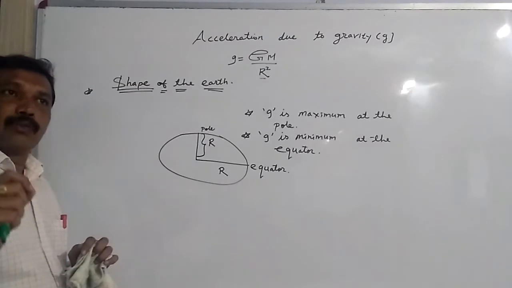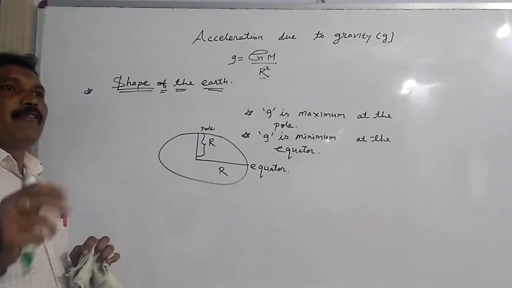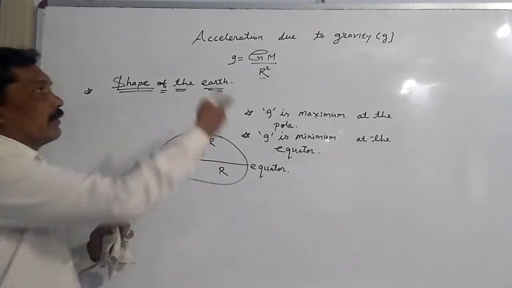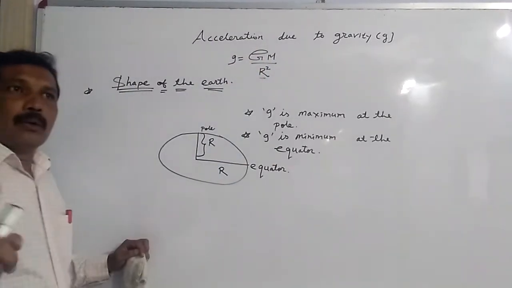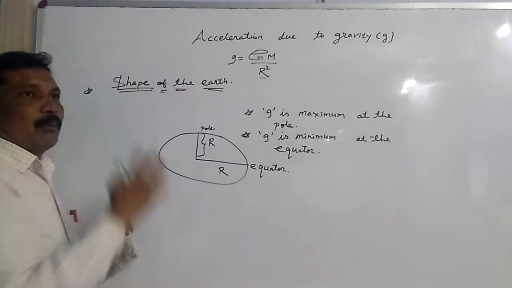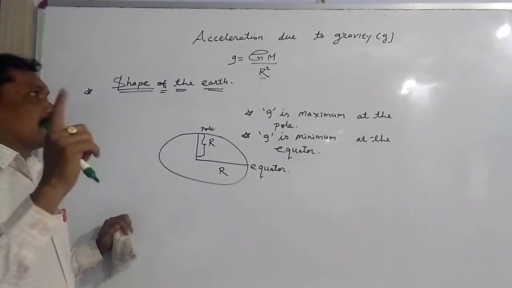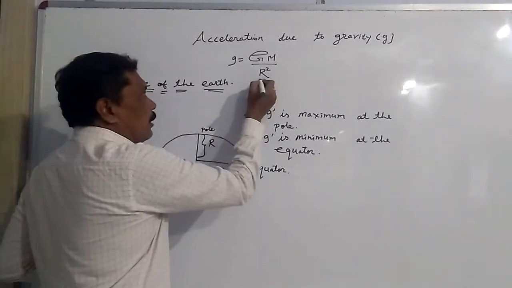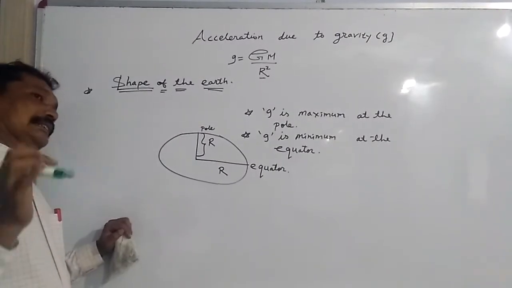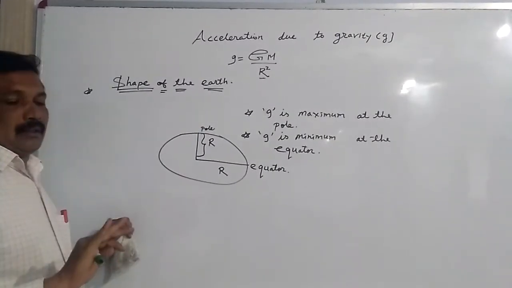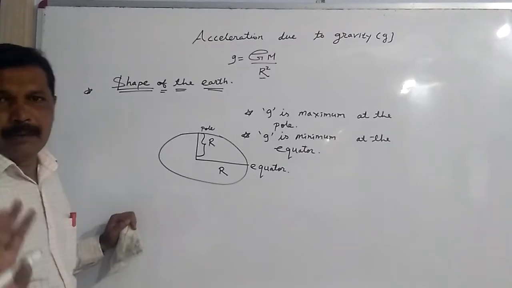the body which is falling down, because small m we have cancelled while deriving the expression g is equal to GM upon R squared. Looking to the formula, we can say that acceleration due to gravity depends upon R, and therefore we consider 3 points on which acceleration due to gravity depends.